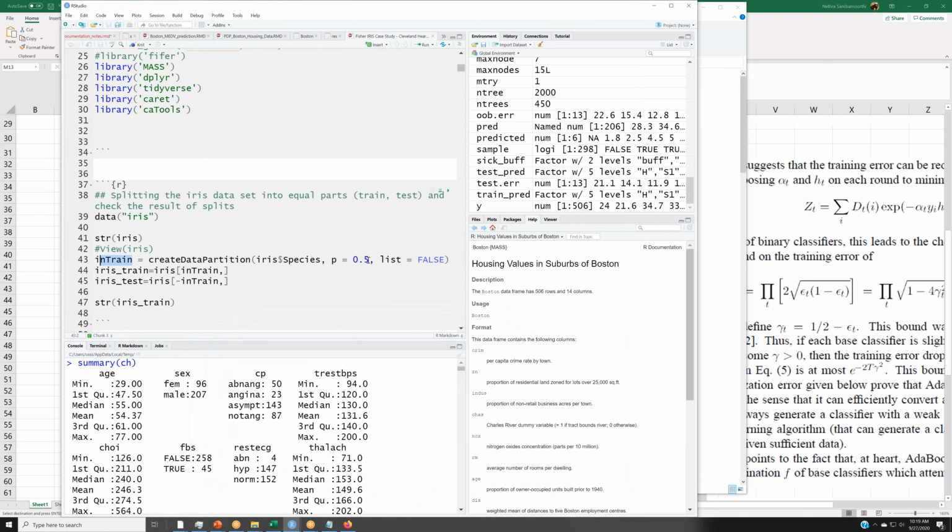You are basically dividing into 50-50, right? 50% goes into training, 50% goes into testing. Iris test is minus inTrain, comma, meaning don't include the rows indexed by inTrain. That means that goes into testing. Everybody's good so far? And then again, I'm checking structure iris.